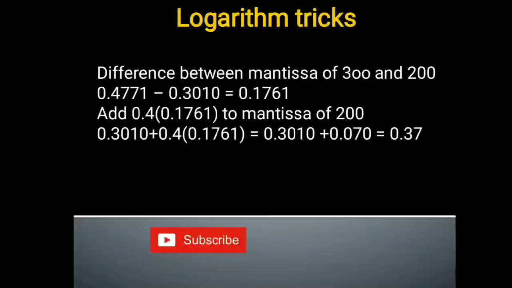How much? You will get almost 0.37. So this 0.37 is the closest value of the mantissa of 240. And what is the log value of 240? You have the characteristic, we need to place it before the decimal, so 2.37. So like this you can find out log values of other numbers also.